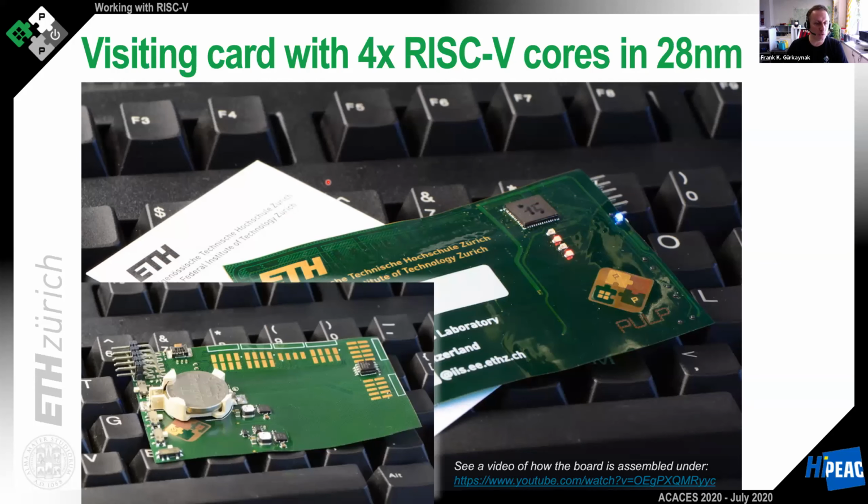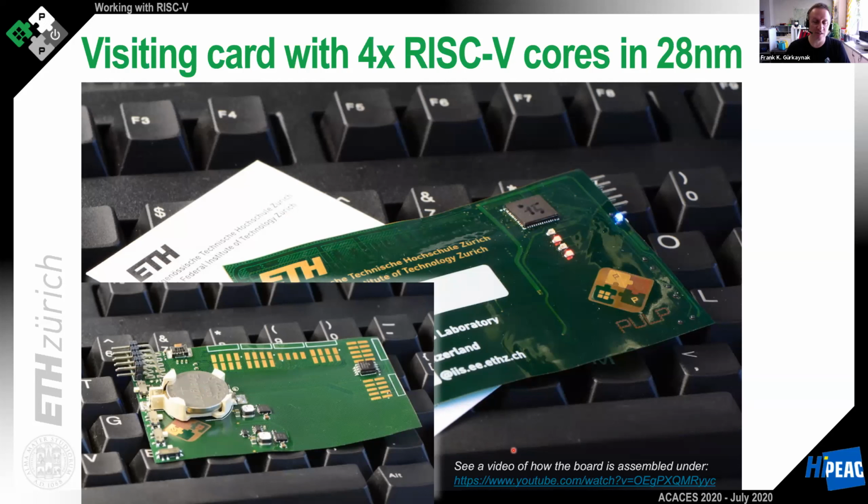If you turn it around, you can see that there is one battery that is needed to operate it. There are the power controllers. There is a JTAG interface, a power switch, and these are the SPI interfaces that are not soldered. If you like this sort of thing, there is a video of how the board is assembled under this link below.